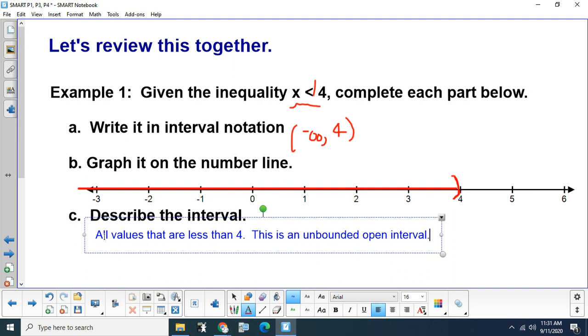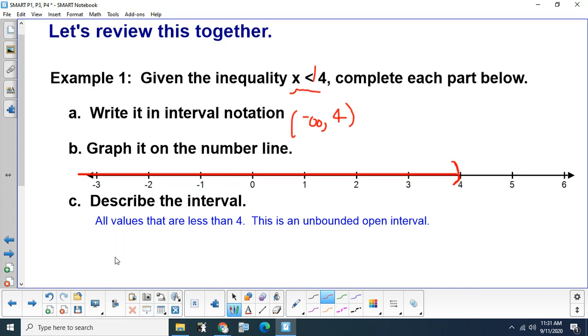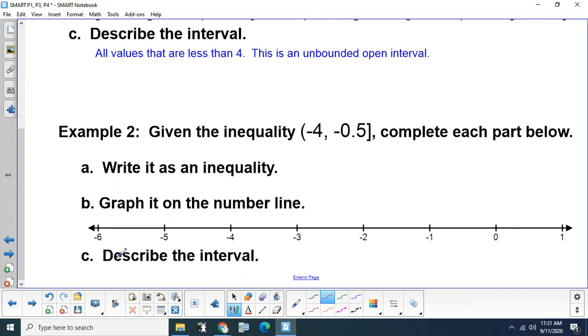So now I've incorporated that vocabulary from class today, but also have found a way to make sure that I am articulating all of the different parts of the interval. Let's go ahead and look at example 2. In example 2, you'll see that I have given us an interval this time. The heading should say interval, I apologize.